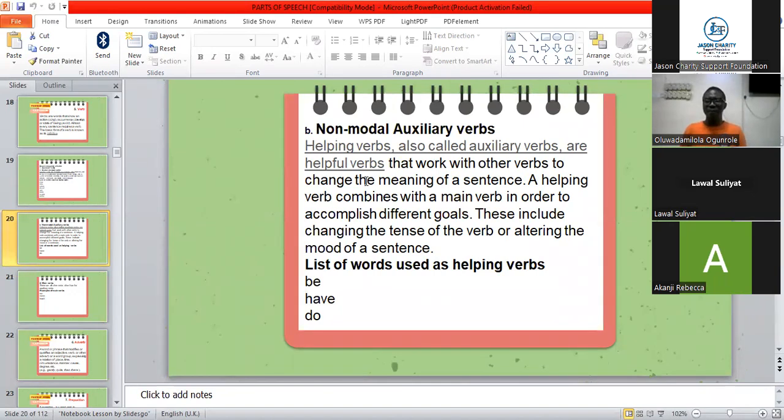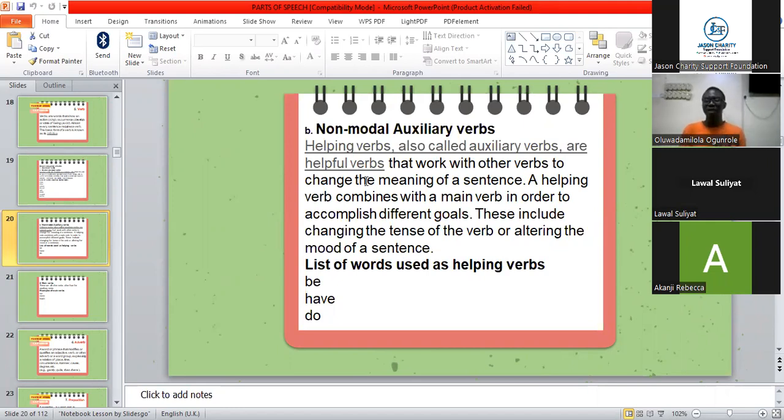But if I bring on have as a lexical or a main verb, I can say, I have a book. Now, the same have that I used as an auxiliary verb in my first sentence, I have gone ahead to use it as a lexical or a main verb.